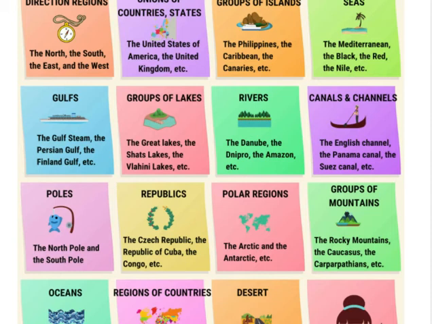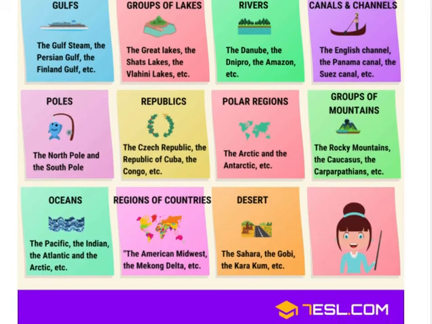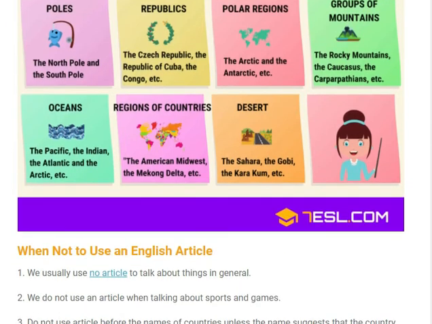Polar regions, the Arctic and the Antarctic, etc. Groups of mountains, so the Rocky Mountains, the Caucasus, the Carpathians, oh, that's difficult, etc. Oceans, the Pacific, the Indian, the Atlantic, and the Arctic. Regions of countries, like the American Midwest, the Mekong Delta, and deserts like the Sahara, the Gobi, the Karakum, etc.